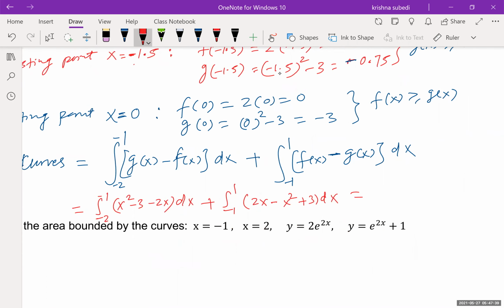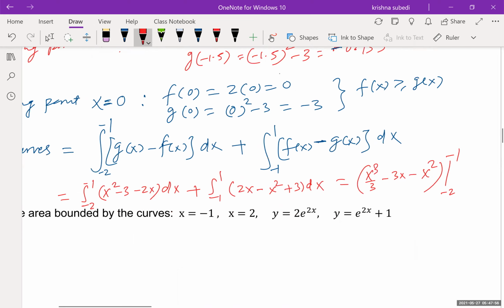So that's going to give me x cubed over 3 minus 3x minus 2x squared over 2, so I can simply write x squared there, and negative 2 to negative 1.